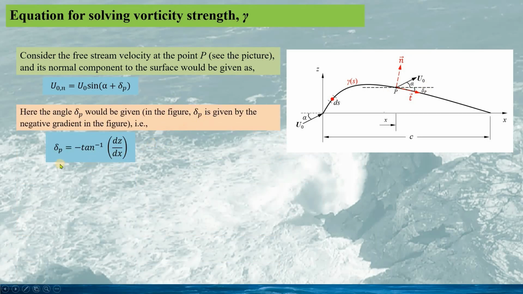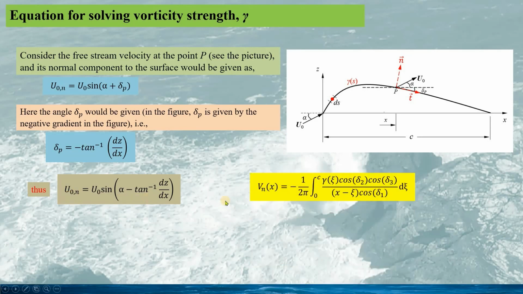And delta p in this figure is negative because the tangent of the camber line is below the horizontal line. Therefore, we put these two together, and we have the normal component of the free stream given by this expression.